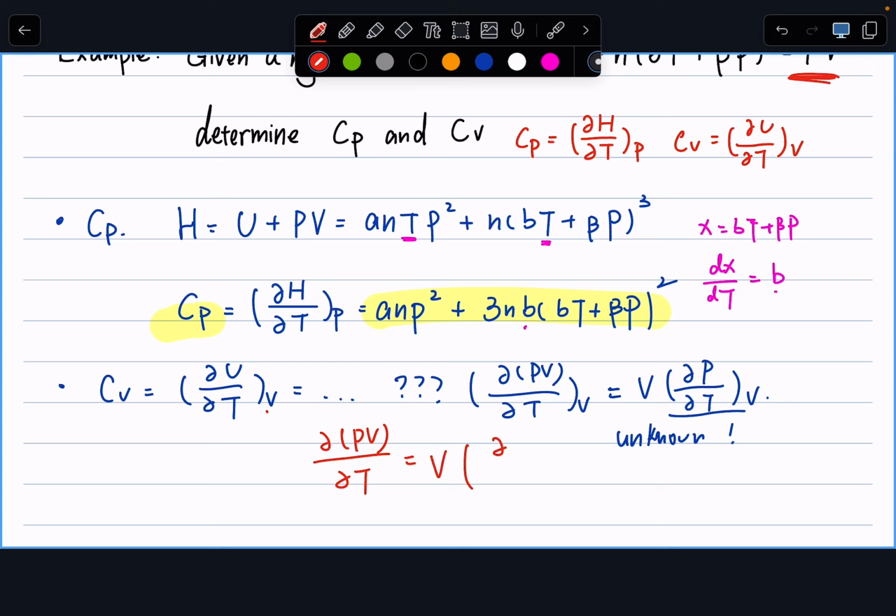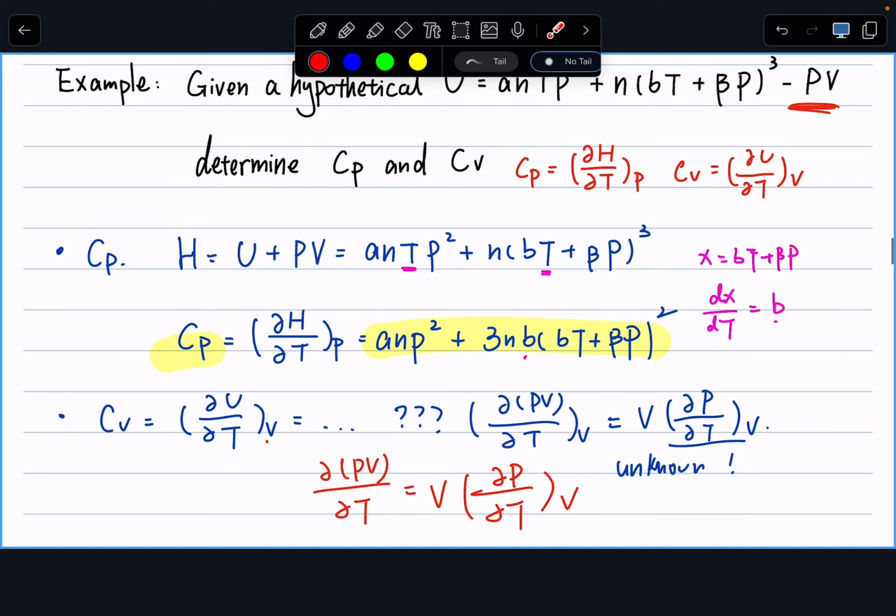It's volume times dP over dT at constant volume. Now, this is part of an equation of state that describes the relationship between volume, pressure, and temperature. But the question didn't give us an equation of state. So this relationship is not solvable. We are missing information.